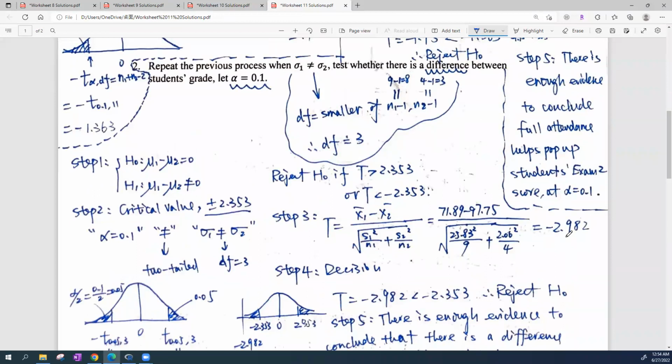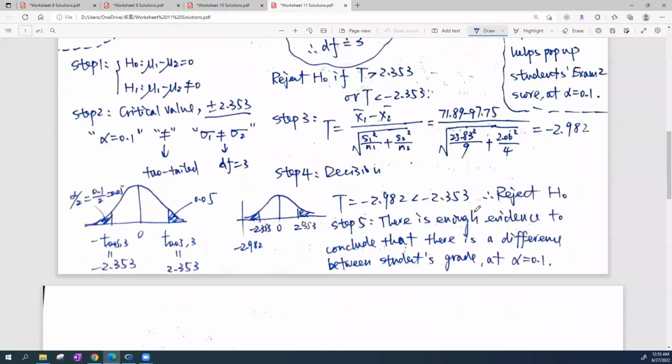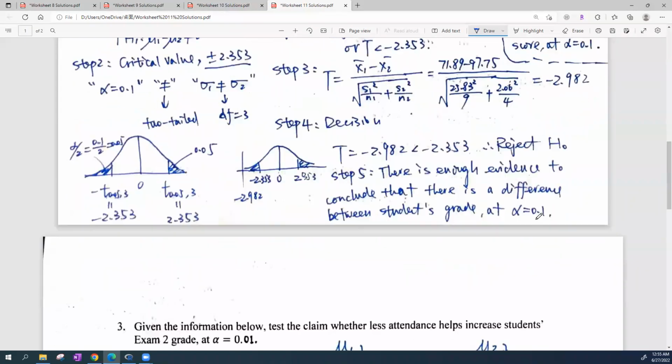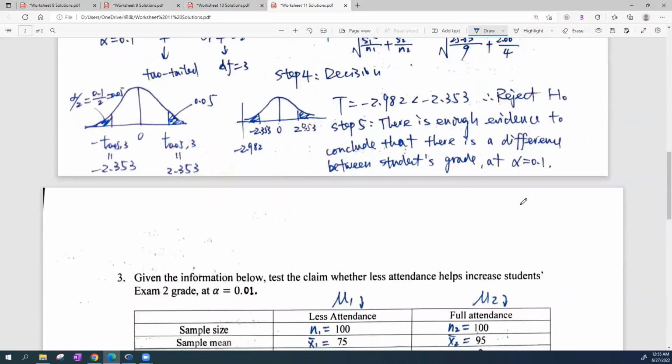So then we got negative 2.982, and then the decision is to check whether it is smaller than, because it's a negative number, we only need to compare with the negative side. So it is. We reject the null. There's enough evidence to conclude that there is a difference between students' grade at alpha equals 0.1.